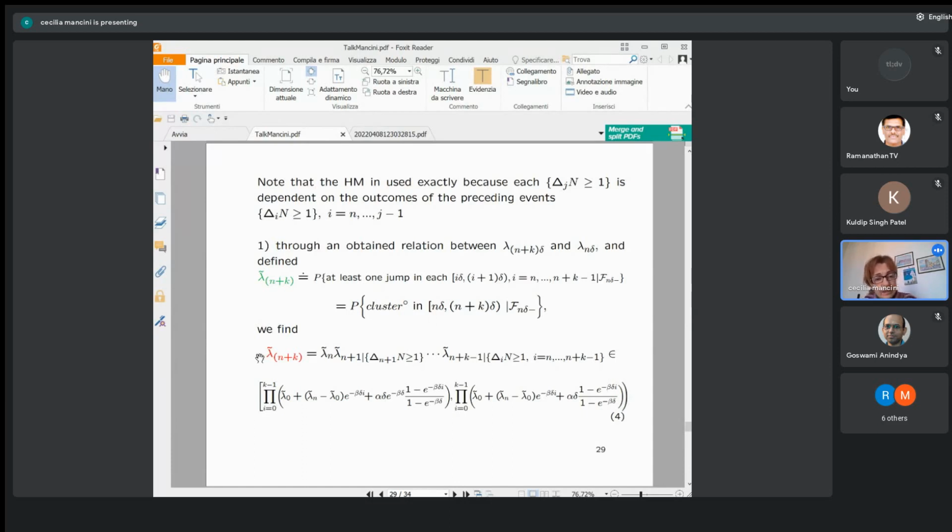We find that this conditional probability is contained in this interval, depending on lambda tilde n, so what we can say having the observations up to n delta, and the parameters of the Hawkes model, alpha, beta, and lambda 0. Lambda tilde 0 depends on lambda 0.